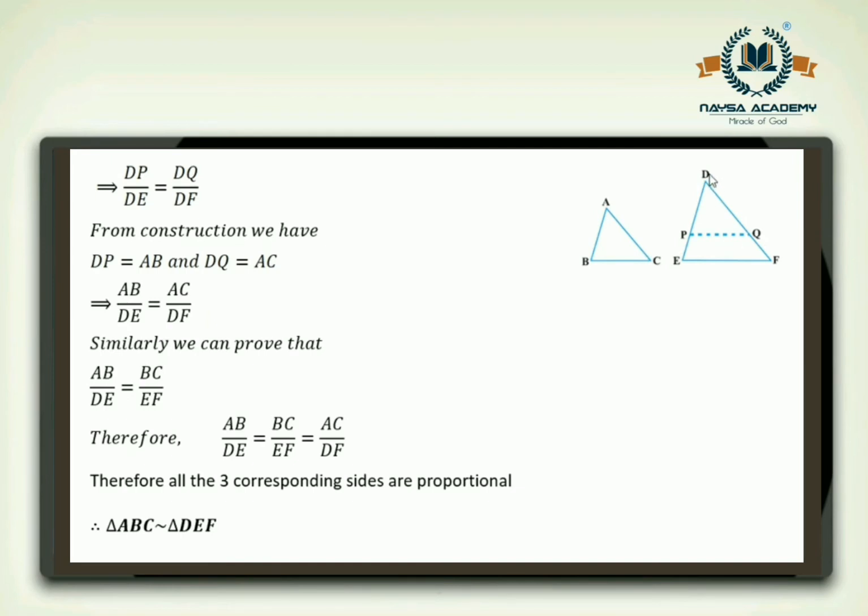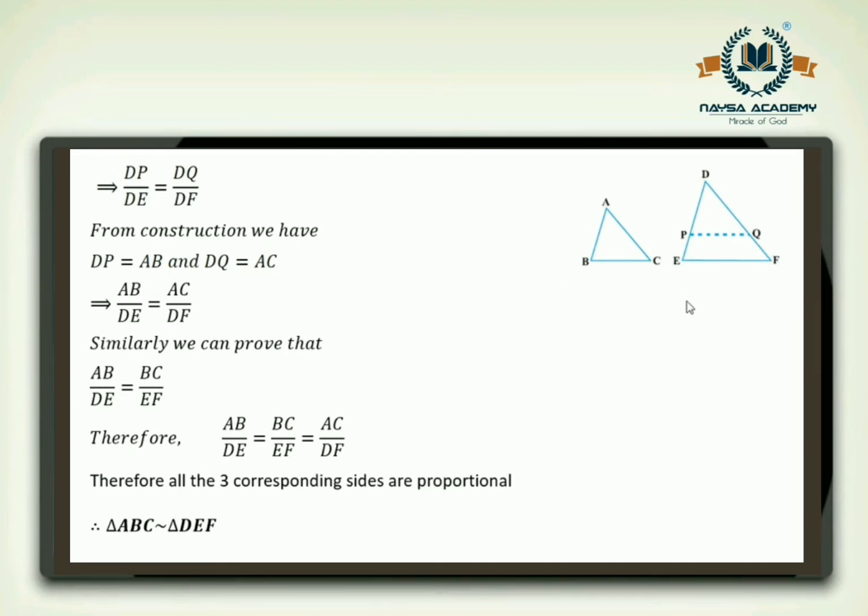Now in triangle DEF, we have used the basic proportionality theorem and we have shown that DP upon PE equal to DQ upon QF, and by using the invertendo property and then by adding 1, we have proved that this DP upon DE equal to DQ upon DF. Now we replace DP with AB because DP equal to AB and DQ equal to AC.